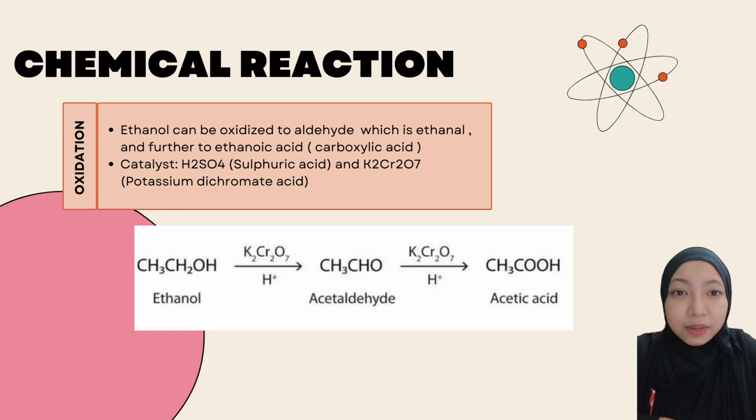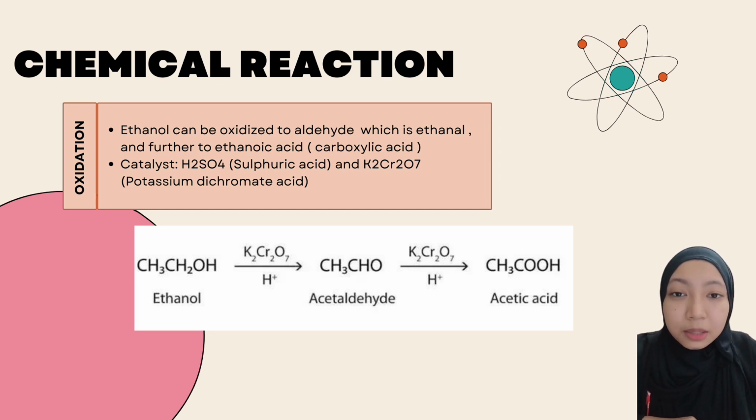Next, for the first chemical reaction, ethanol will undergo oxidation. Ethanol is a primary alcohol, so it can be oxidized to an aldehyde and a carboxylic acid. Ethanol can be oxidized to ethanal, which is an aldehyde, and further to ethanoic acid, which is a carboxylic acid.